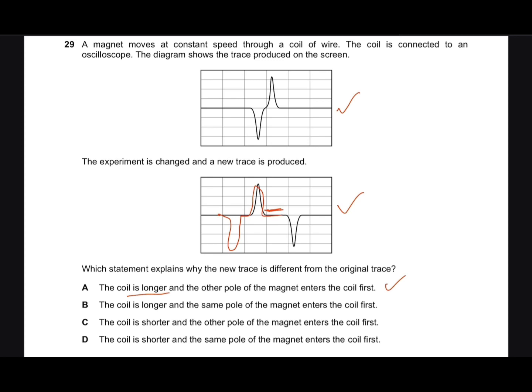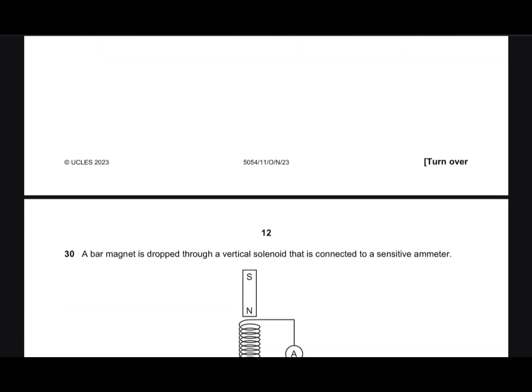In this case that is not happening, so we can say that this is not possible. A shorter coil is definitely not possible, for both of them, because we have got a delay. The delay suggests that there is a longer coil, so the only option is A.